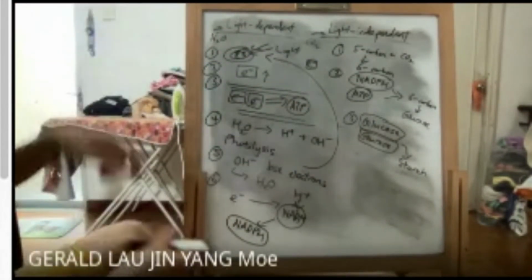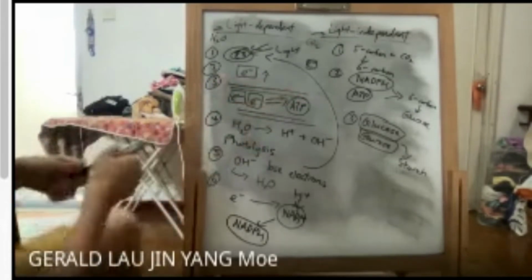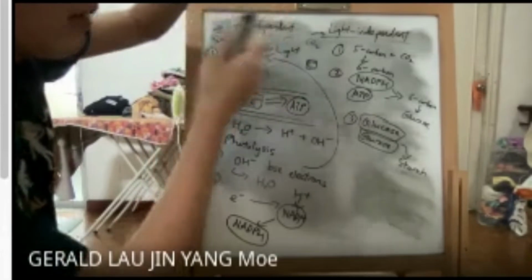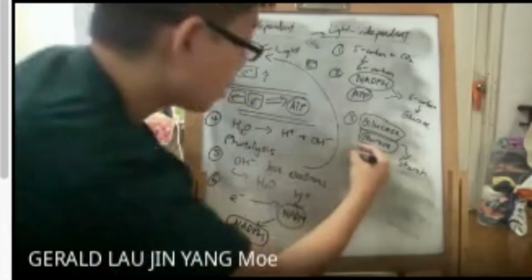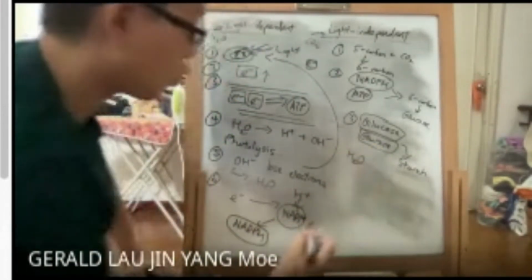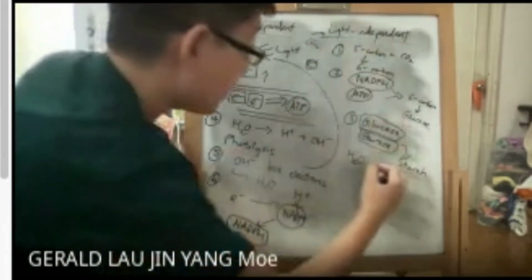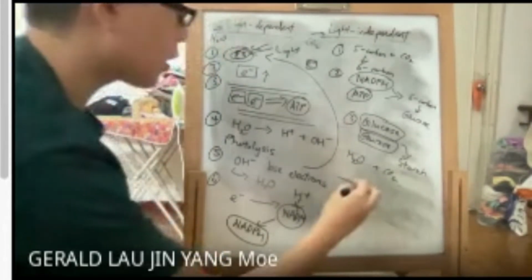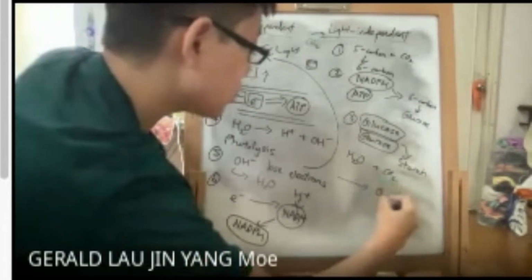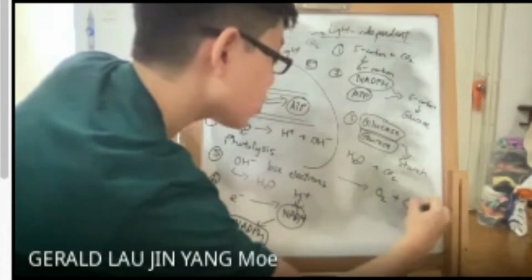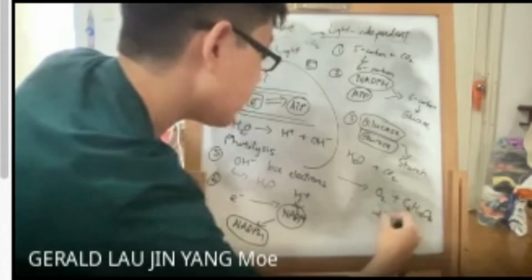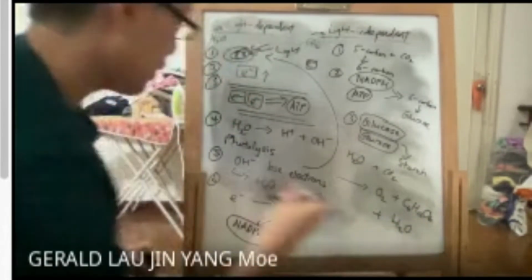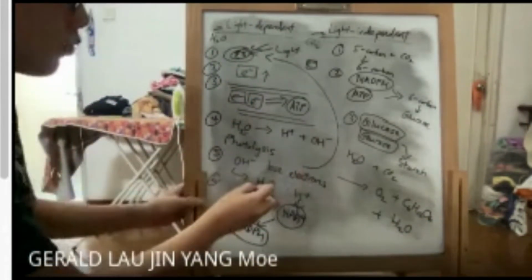Now, for the word equation, we go to the chemical symbols first. So water, H2O, and carbon dioxide. After you have sunlight and chlorophyll, you will produce oxygen, glucose, C6H12O6, and also water again, H2O, because remember, here your hydroxide loses electron to form water again.